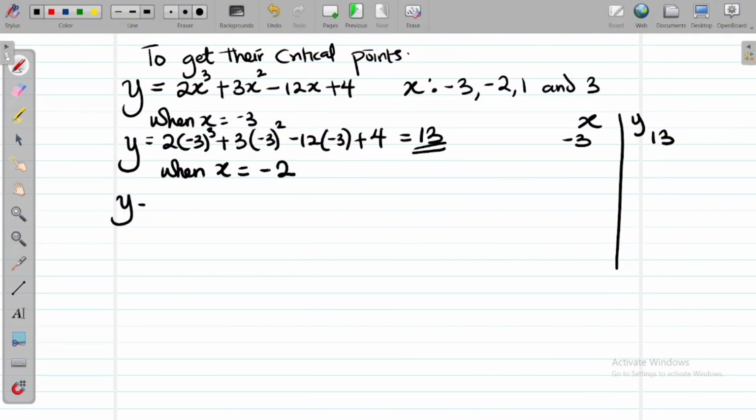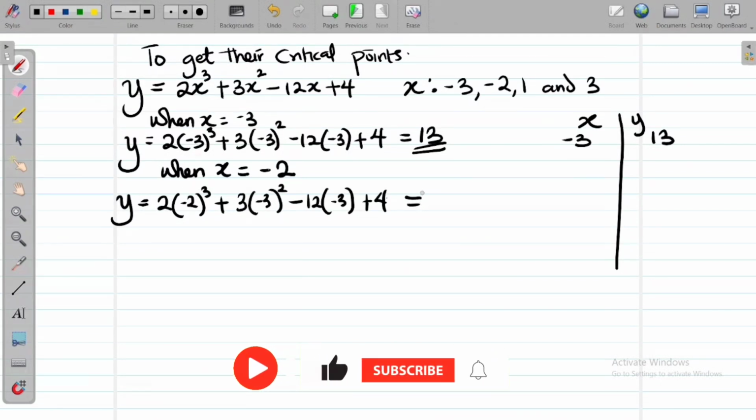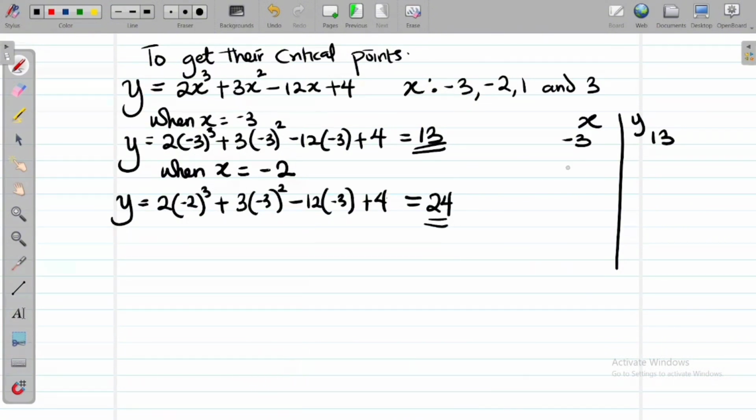We go back and fix y as equal to 2 of minus 2 all cubed plus 3 of minus 2 all squared minus 12 of minus 2 plus 4. If you solve for that, using my calculator, we're going to get 24. So when x was minus 2, my y was 24.